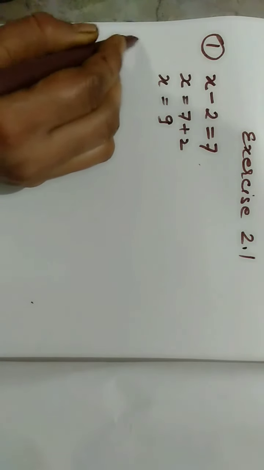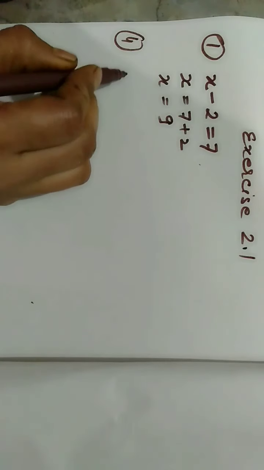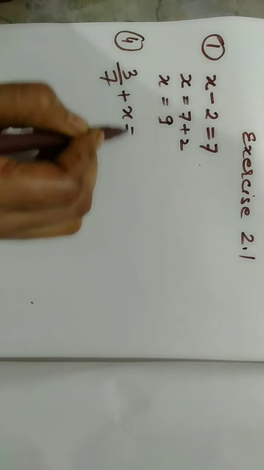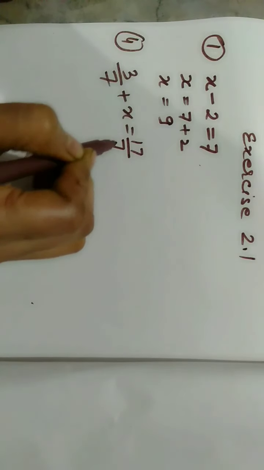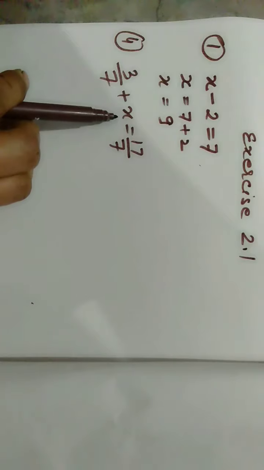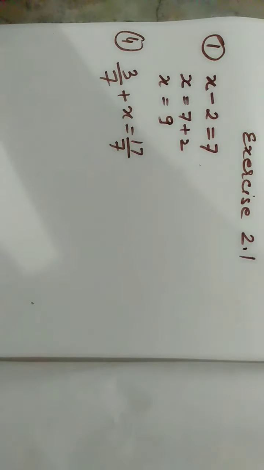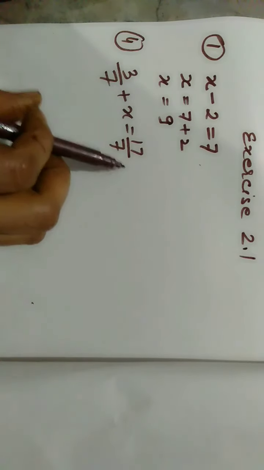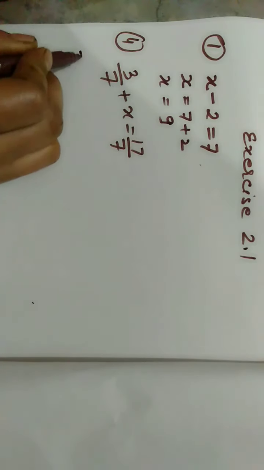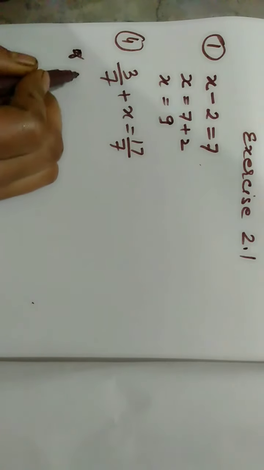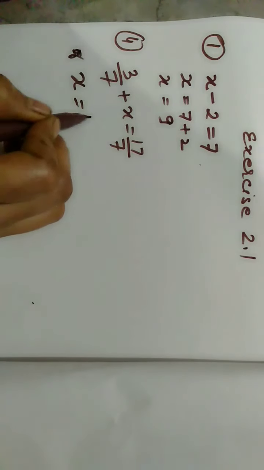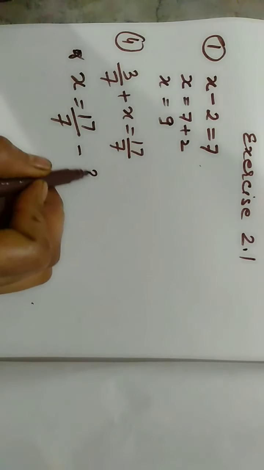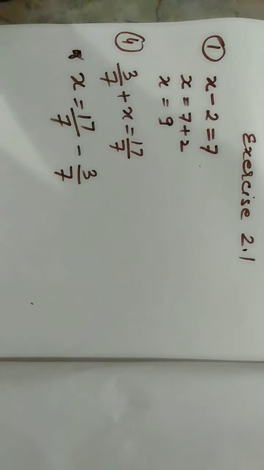Now let us solve this fourth question. 3 upon 7 plus x is equal to 17 upon 7. Now the variable x is added with this 3 upon 7. So this fraction 3 upon 7 is transferred to this side. This becomes x is equal to 17 upon 7 minus 3 upon 7.